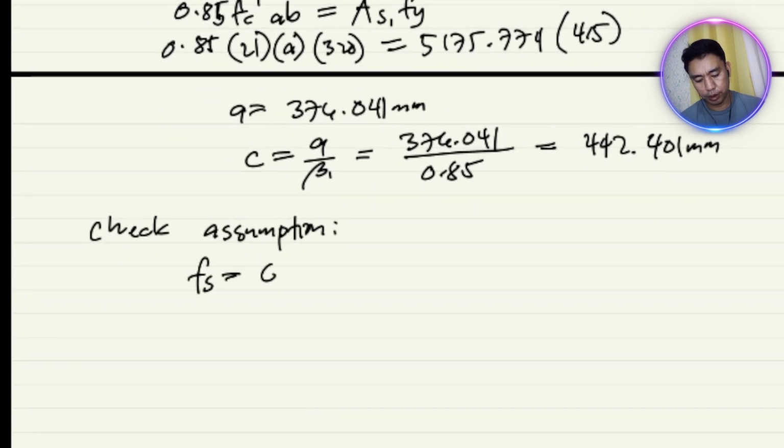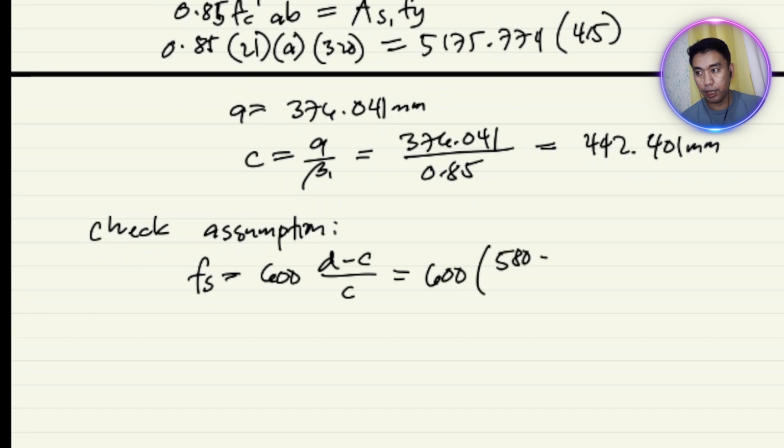Fs is equal to 600 times d minus c over c. This is 600 times d 580 minus c, which is 442.401, over 442.401.